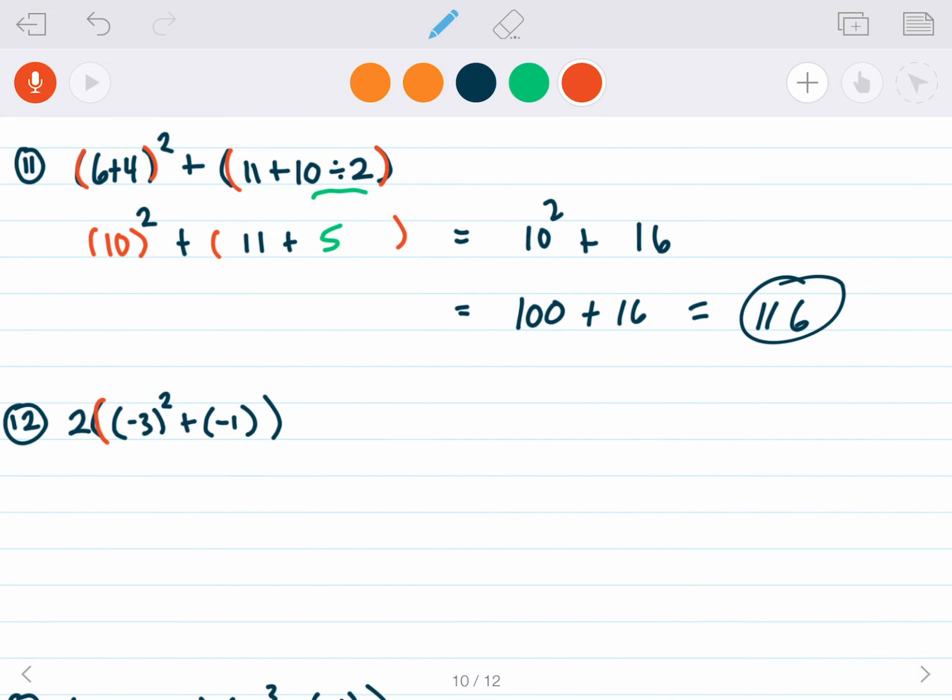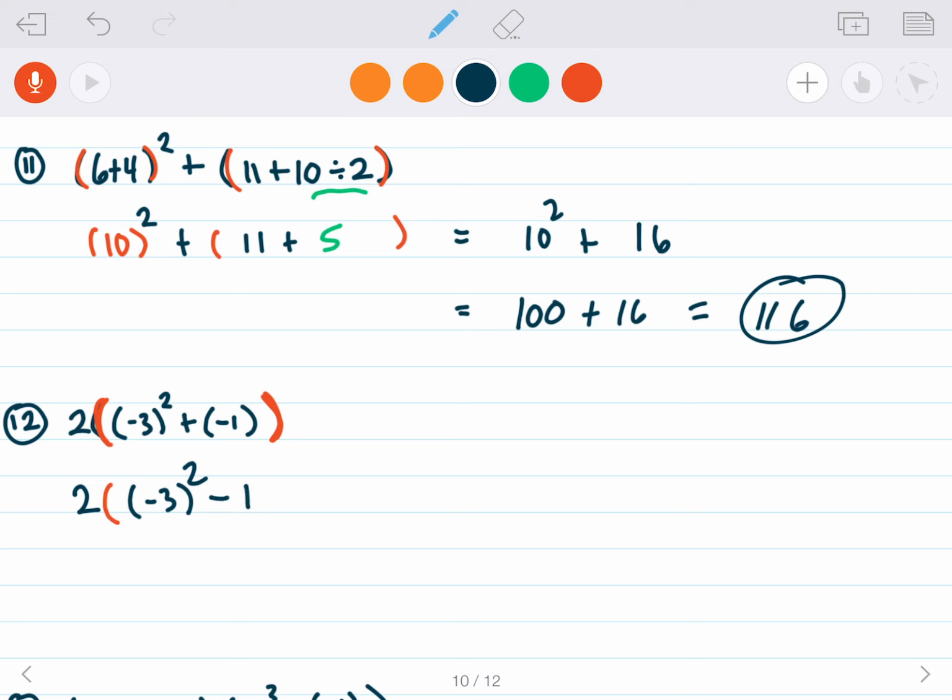So we have parentheses right here, it's red parenthesis. And within the parentheses, we can do a few things. So we can first change this to a negative, right? Because a positive and a negative next to each other without exponents is just a negative.